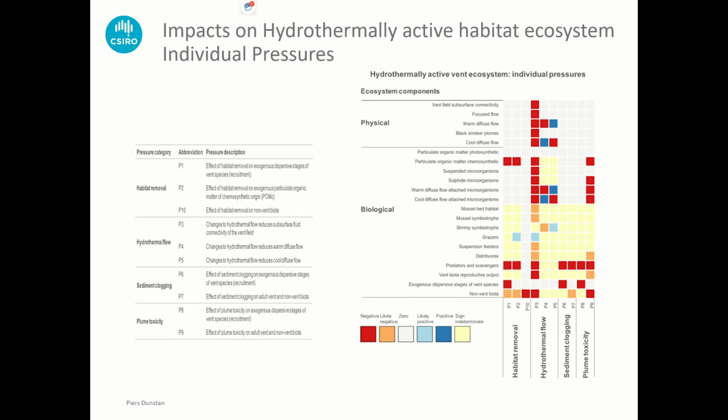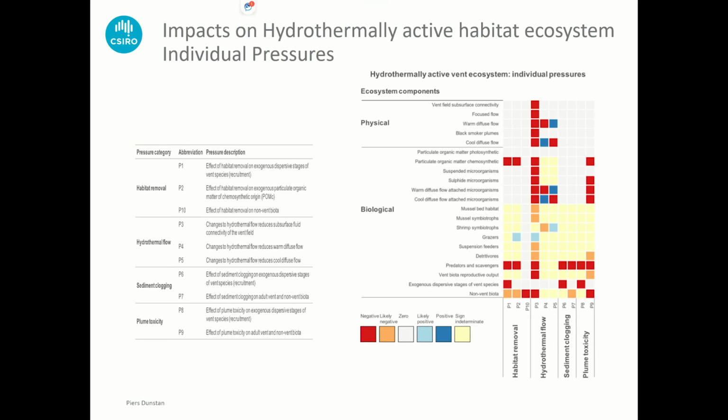So we're not looking here at vents that are being mined. We're looking at vents that are adjacent to those being mined, and how close or far away they are from that mining activity, because mining will completely remove everything from any particular location. That's the assumption that we worked with.